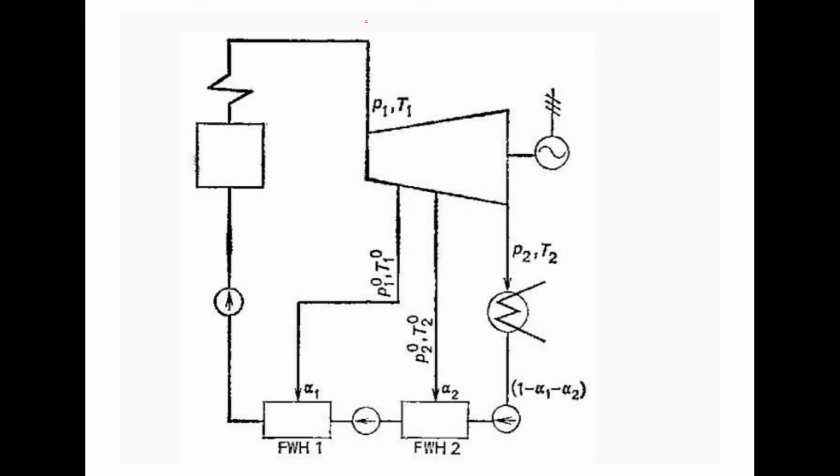P1, T1 are the initial pressure and temperature respectively. The steam enters the turbine at the entrance, which is denoted as P1 pressure and T1 temperature.